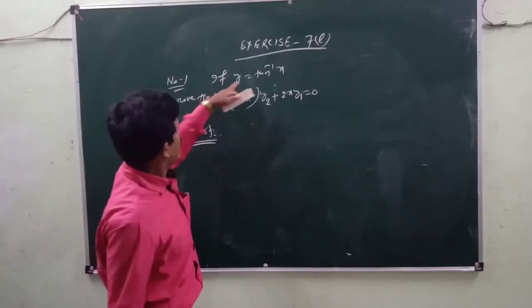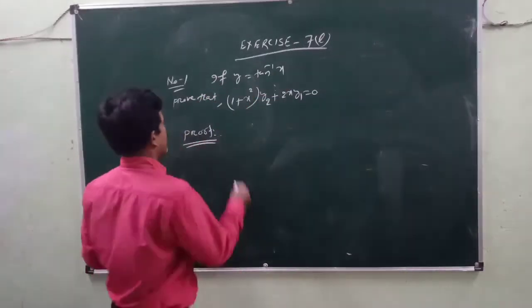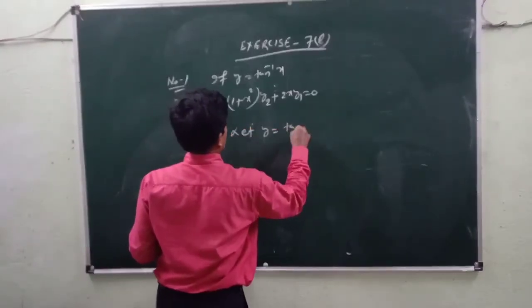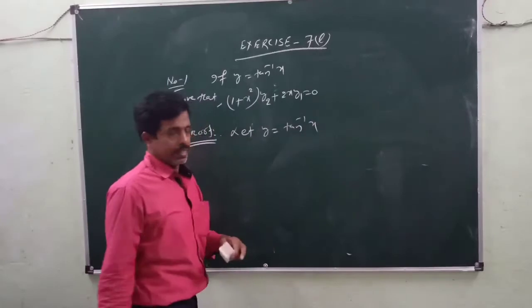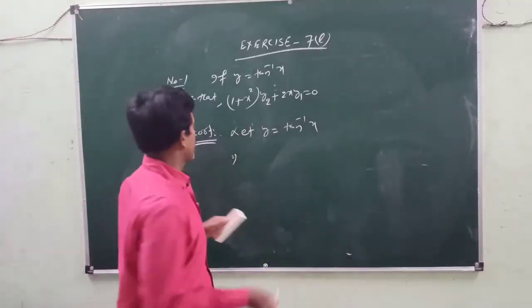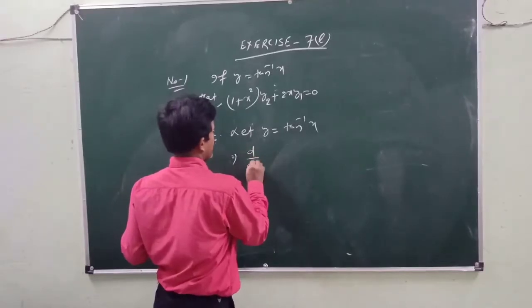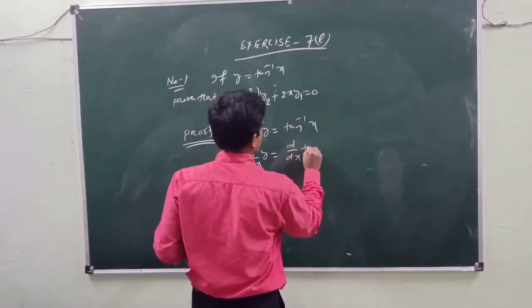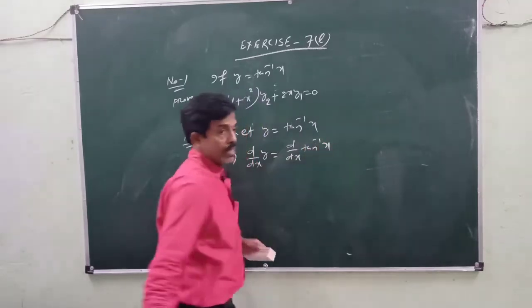It is given y equal to tan inverse x, you write: let y equal to tan inverse x. That implies, take the derivative with respect to x on both sides, d by dx of y equal to d by dx of tan inverse x.